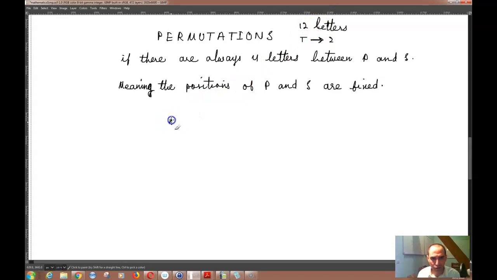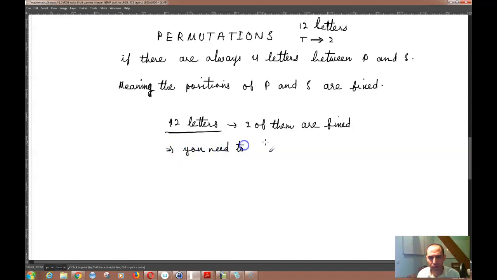Now over here you have 12 letters in total, and since two of them are fixed, that means that you need to rearrange only 10 letters. Okay, you need to rearrange only 10 letters.